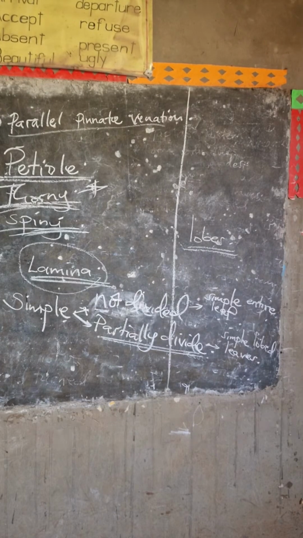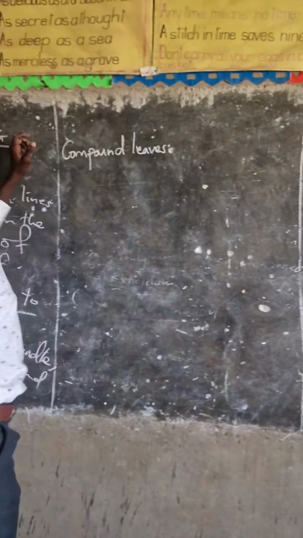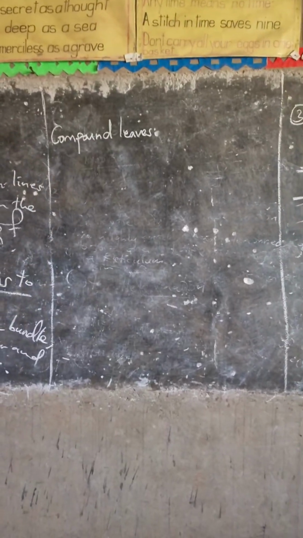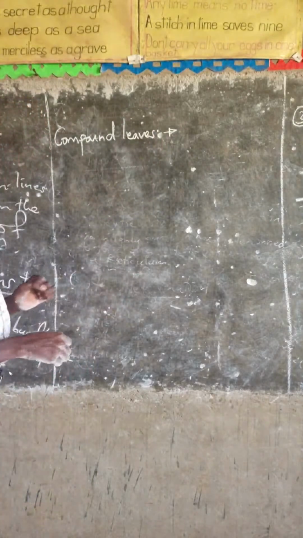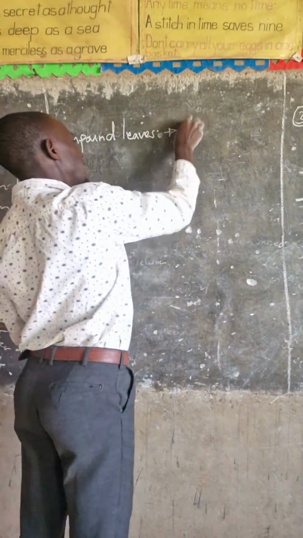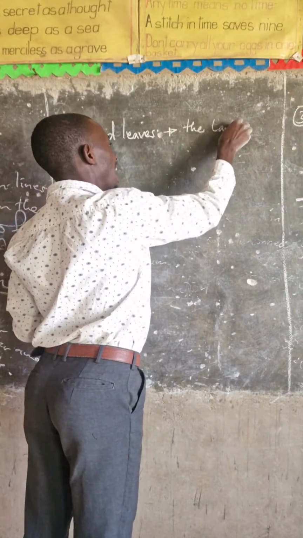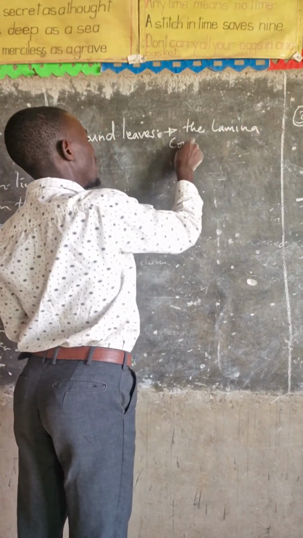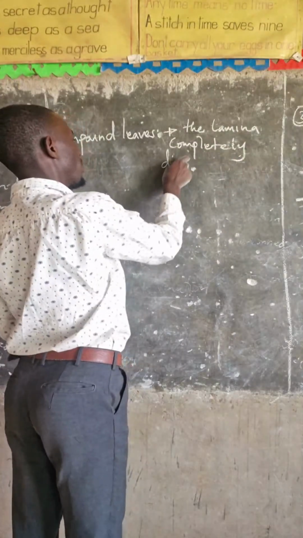So we have what we call compound leaves. For the compound leaves, we shall find that for any leaf to be called a compound leaf, it has the lamina completely divided.